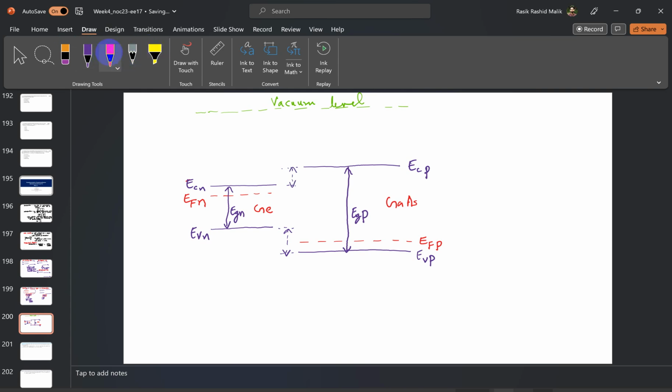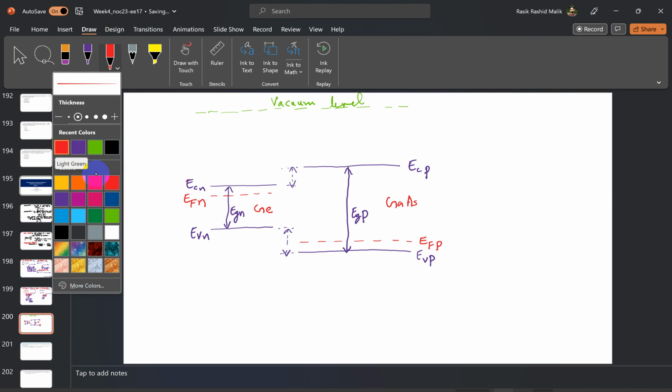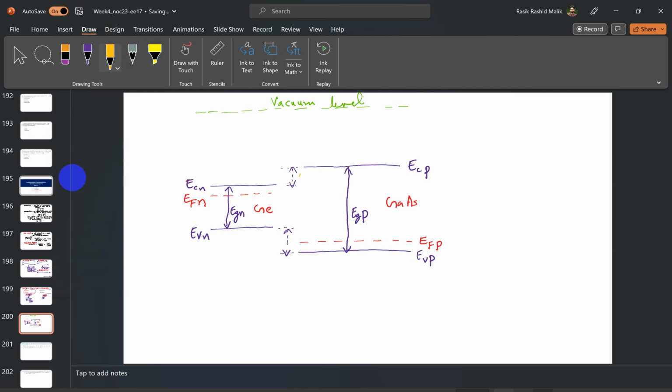Okay, so I will write it as the discontinuity in the conduction band, and this is the discontinuity in the valence band energy. And here you have to understand that the electron affinity on the n side will be higher because this is the narrow bandgap material, and in this straddling type of case, the difference from the conduction band energy to the vacuum level will be its electron affinity.